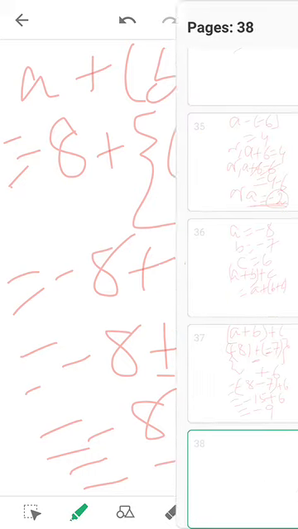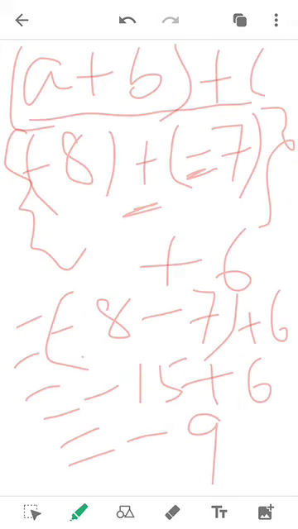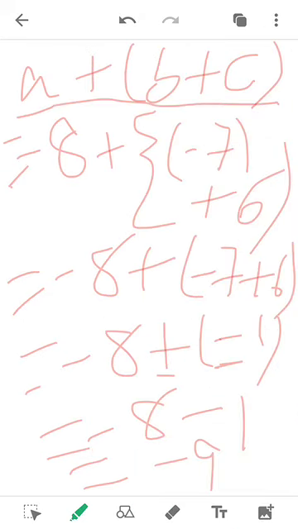We see that the value of a plus b plus c is equal to minus 9 on both sides.